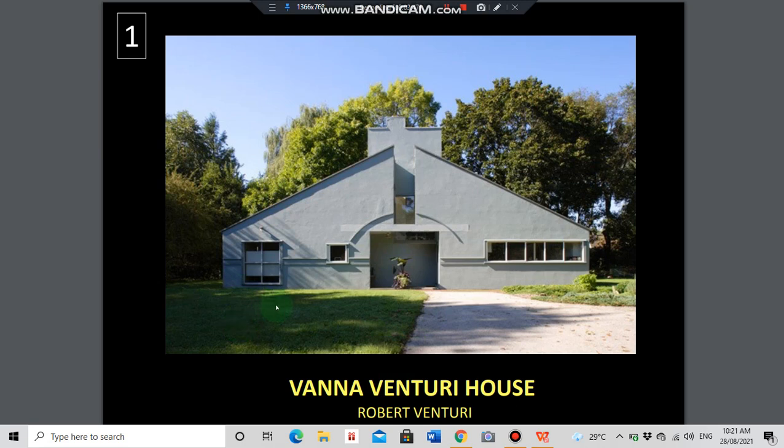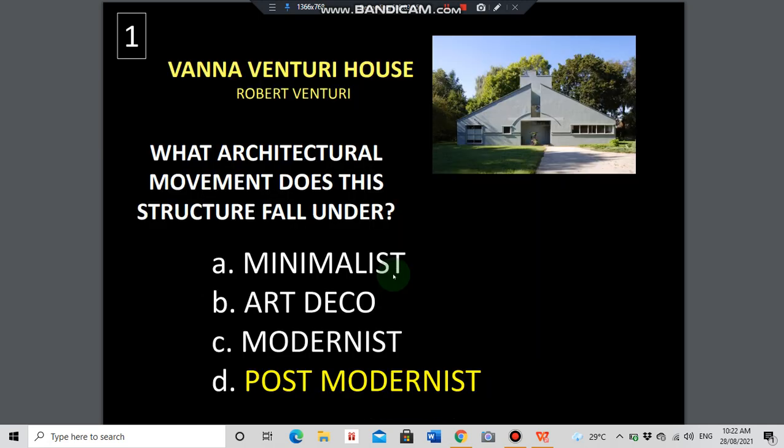So, this one is an example of building done by Venturi, the Venturi House. So, yung kanyang architectural movement. So, what architectural movement does this structure fall under? Minimalist, Art Deco, modernist, postmodernist.